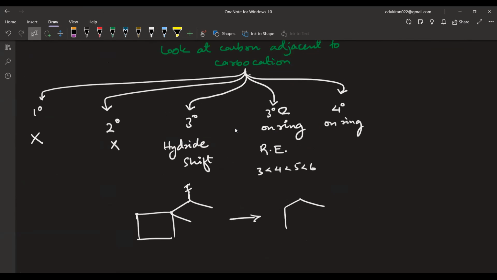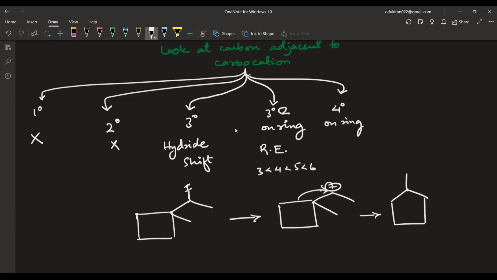So this will change into positive charge here, right? Now again, what will happen? The ring expansion only will happen. Okay, the ring will expand like this. So here you will get the positive charge here like this. Okay, 3 degree. Now the positive charge will be, okay, sorry, not here, rather it will be here.